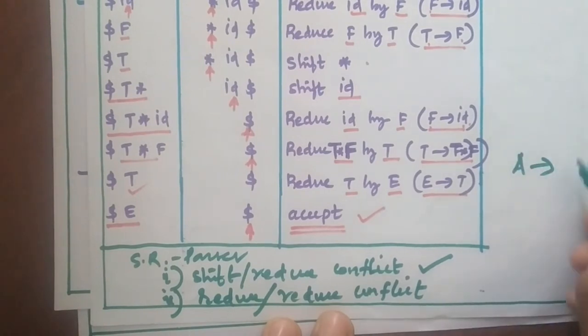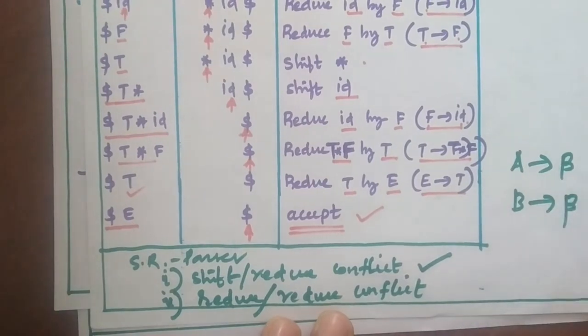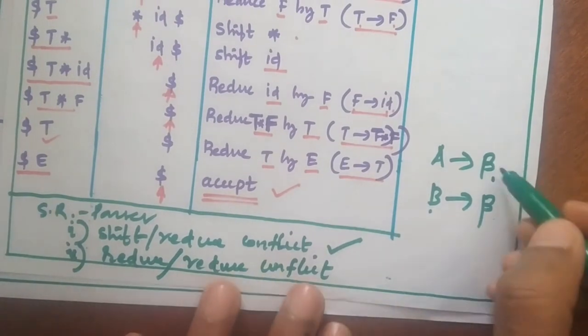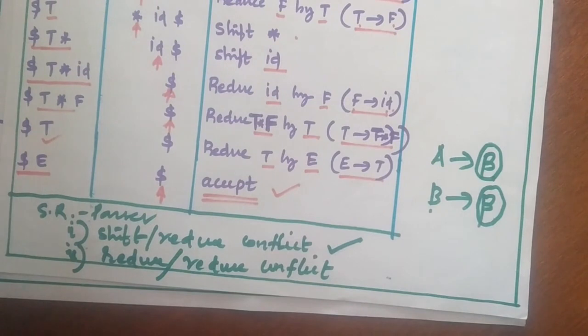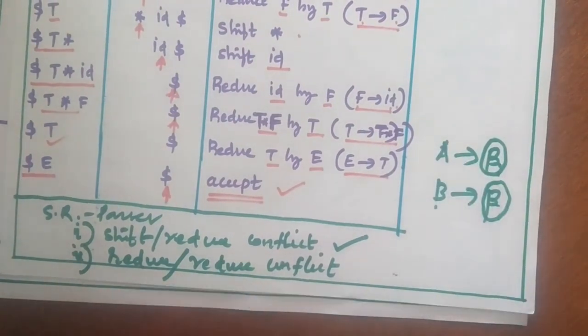For example, if beta is a handle and there are two productions, look at here, A gives beta, B gives beta, because both productions' right side is beta. So the parser will be confused whether to replace beta by A or beta by B. This type of confusion or conflict is called a reduce reduce conflict. So these two are the major problems in constructing a shift reduce parser in general. We will address this problem later with a specific example.